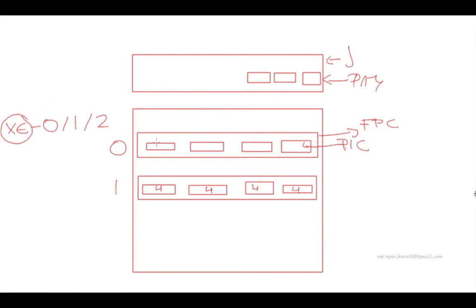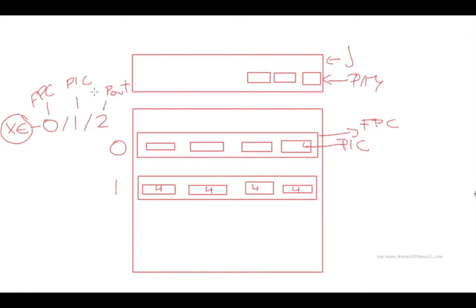So what other information are we getting from this naming? We're getting that this is port 2 of a 10 gigabit Ethernet PIC in slot 1 on FPC 0. Let's see that again. This is the actual port, this is our PIC, and this is the FPC.